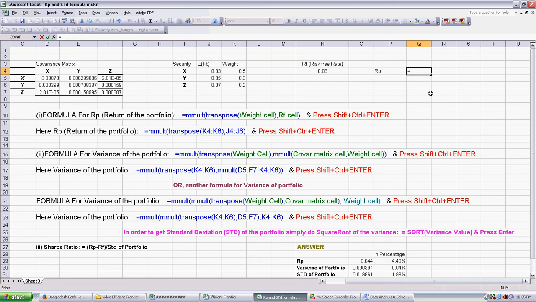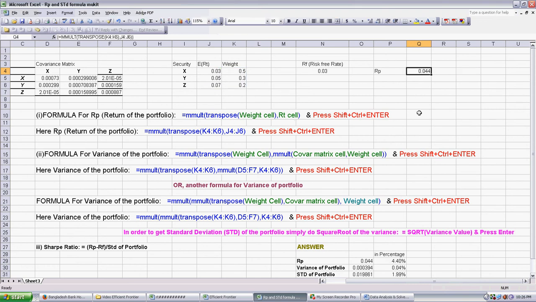We put here the equal to sign, then MMULT first bracket, TRANSPOSE first bracket, then we need to select the cells that contain the weight, these 3 cells, closing of the first bracket, semicolon, then the return cells, these 3 are the returns, then closing of the bracket, and press shift control enter, again not enter, shift control enter.